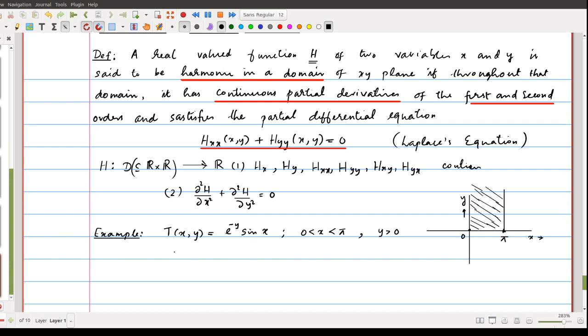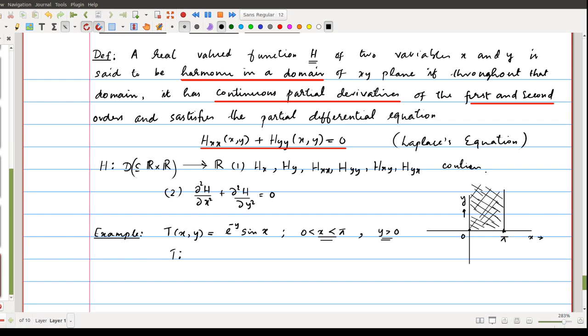This t is a function on the subset of the xy plane defined using two inequalities, 0 less than x less than pi, y greater than 0. This is called a semi-infinite vertical strip.